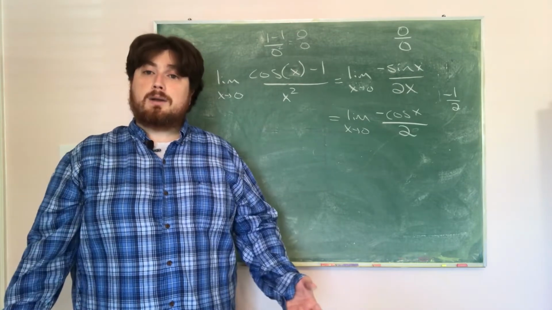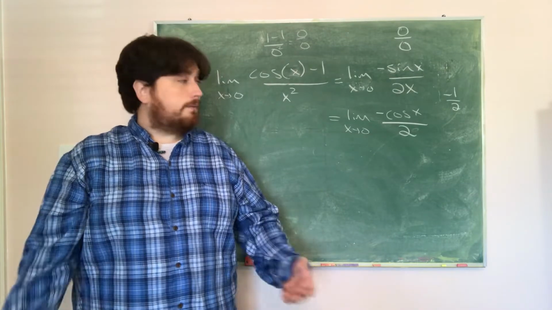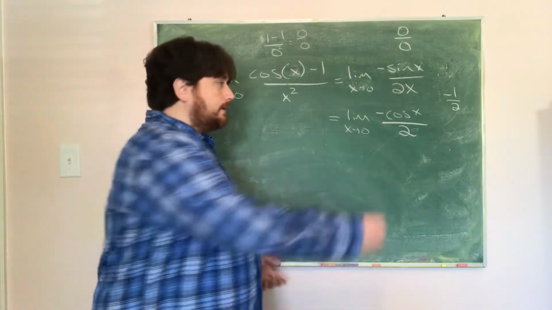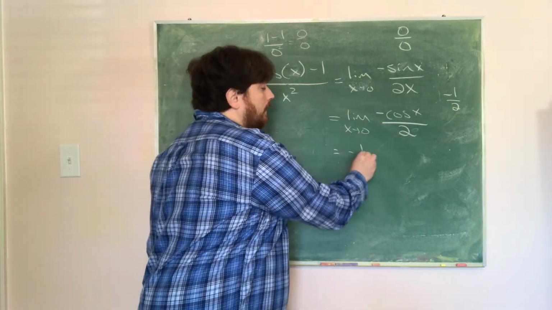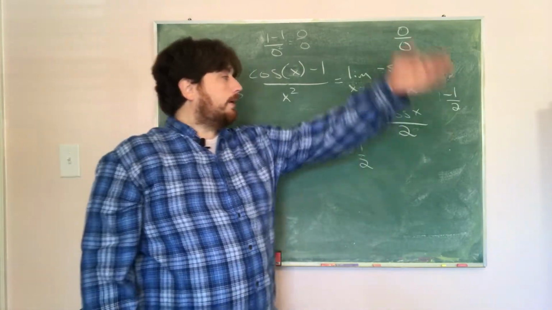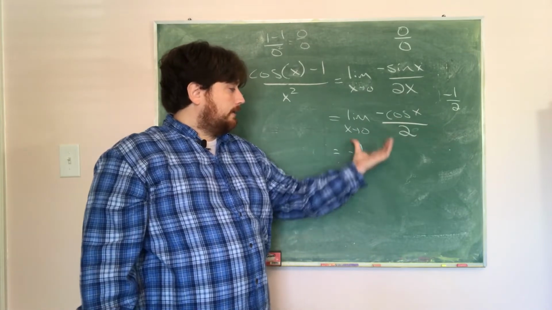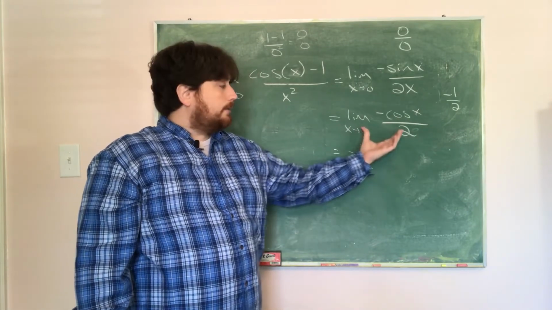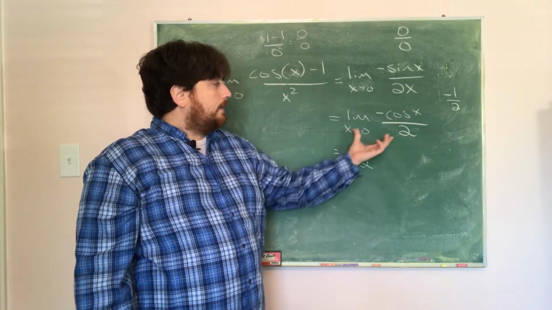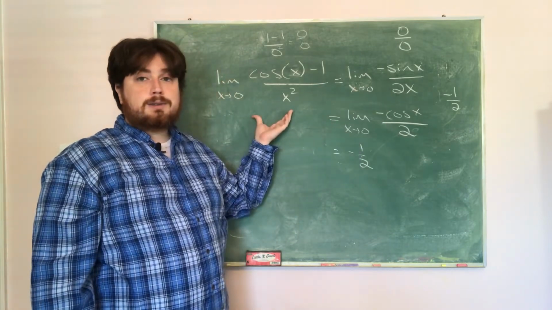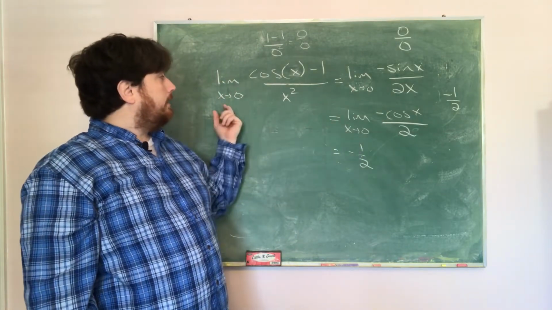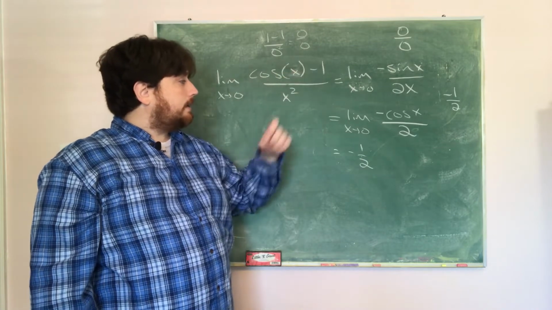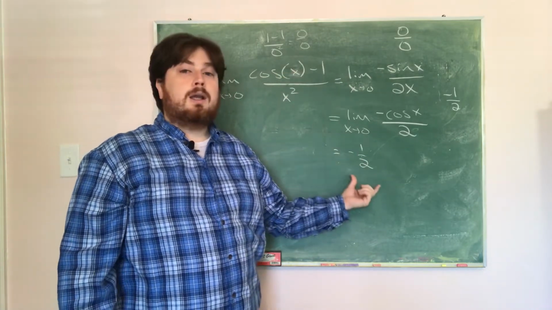Notice now that we have a number, that means that we've calculated this limit to be negative 1/2 because we got a number out. That means it's continuous at this point, so we can just substitute it in. So we were able to calculate these limits, and in the end, the limit as x goes to 0 of cosine x minus 1 over x squared is just going to be negative 1/2.